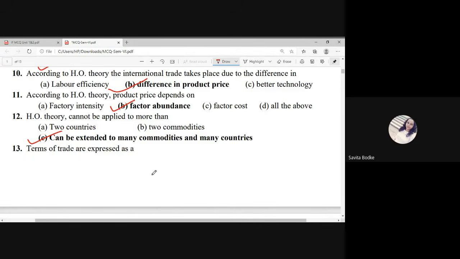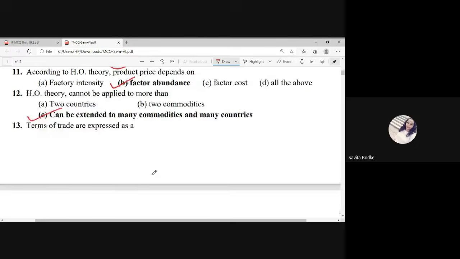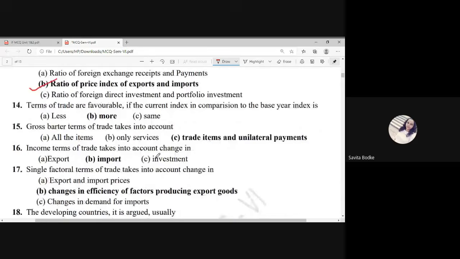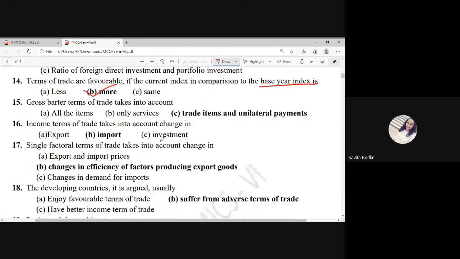Terms of trade are expressed as the ratio of the price index of exports and imports. Terms of trade are favorable if the current index in comparison to the base year index is more. MCQ number 15. Gross barter terms of trade takes into account the trade items and unilateral payments.